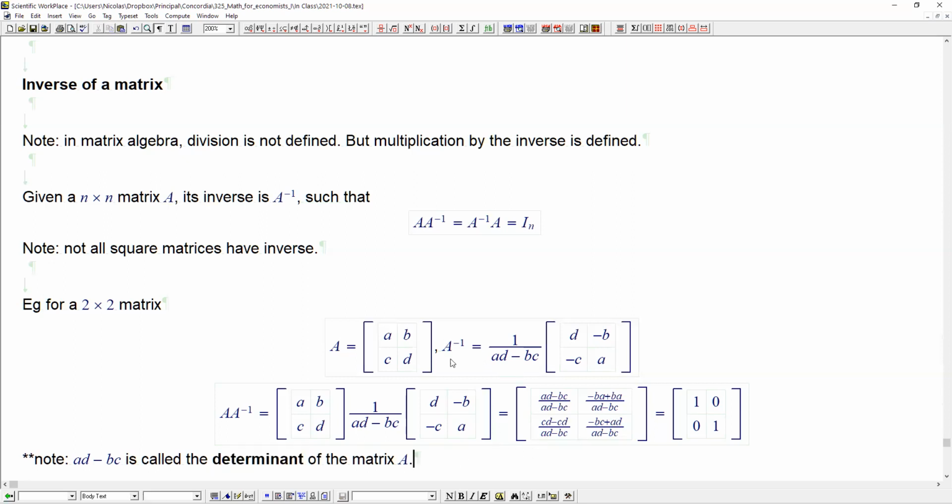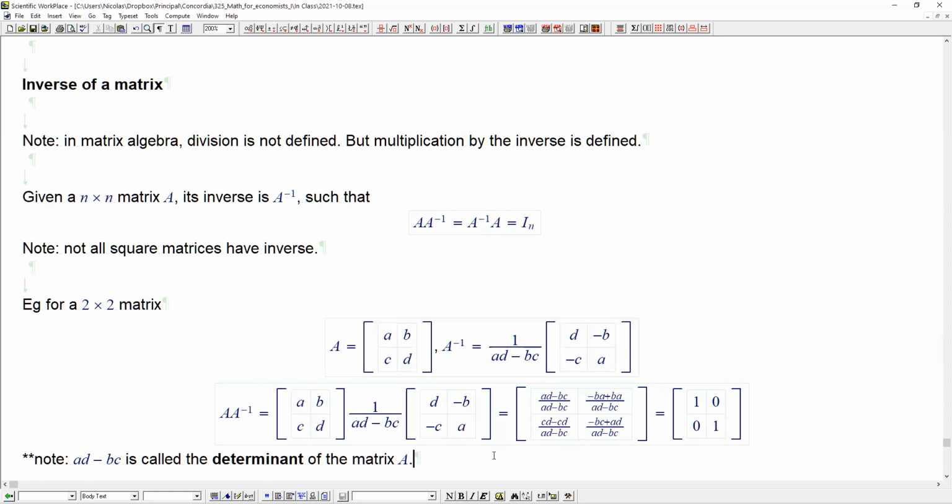And note the following. So A minus 1 equals 1 over the determinant times this matrix there. So what if AD minus BC equals 0? Can I do something now? Well, everything would become undefined.